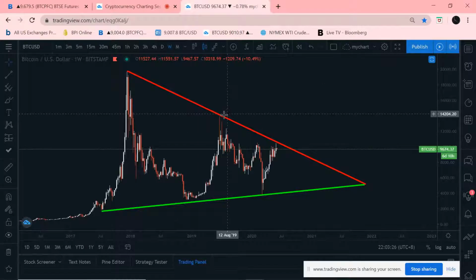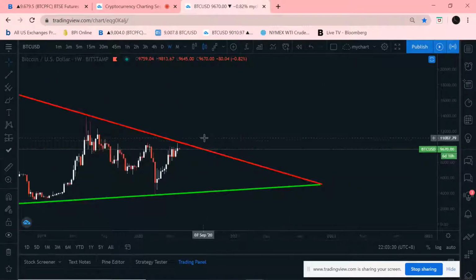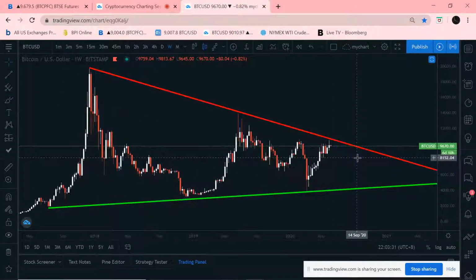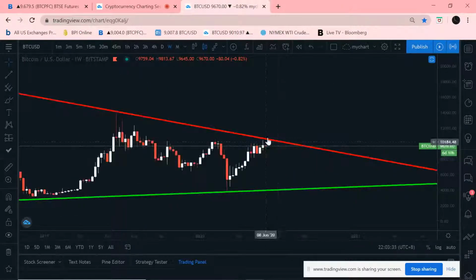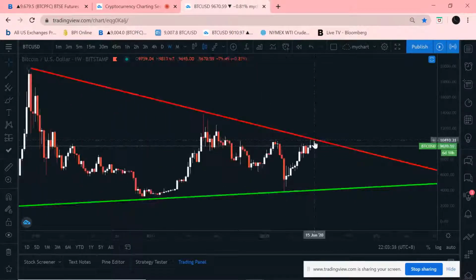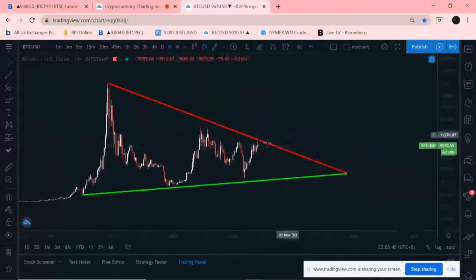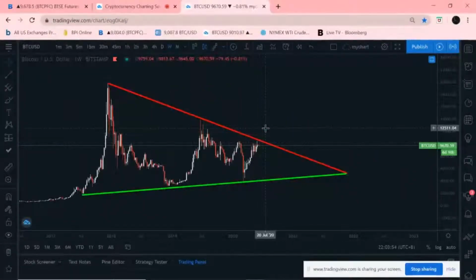As you can see, this is actually the resistance. It is near the resistance and trying to reach the red resistance line, which is actually around 10,400. So let's see if this time it will break out in this area.